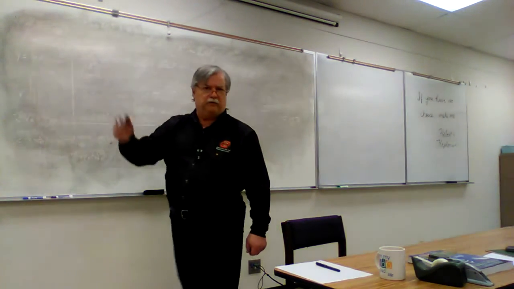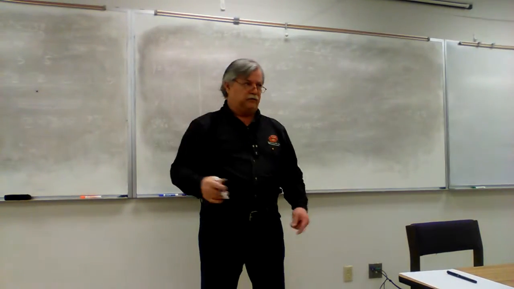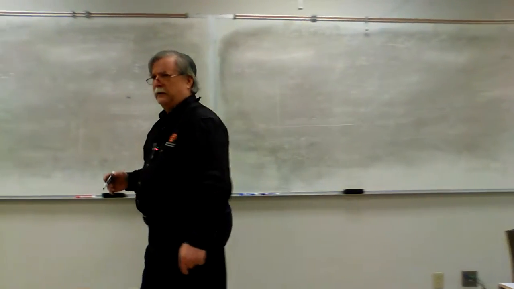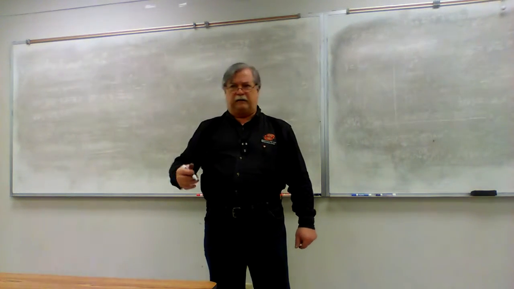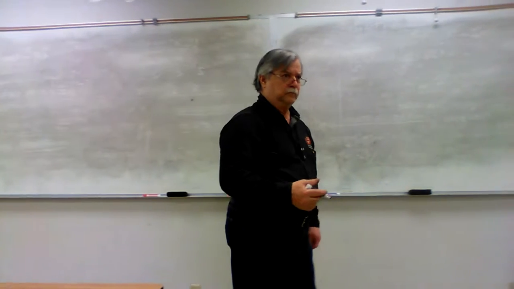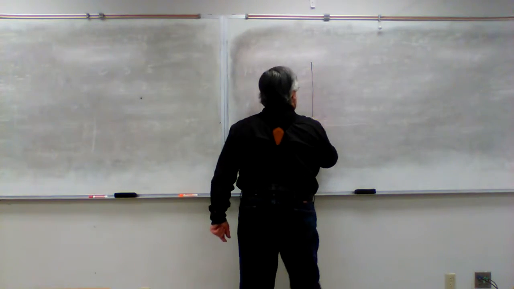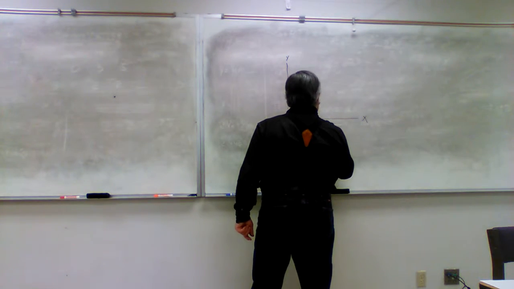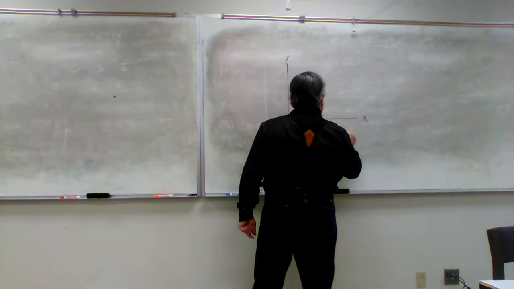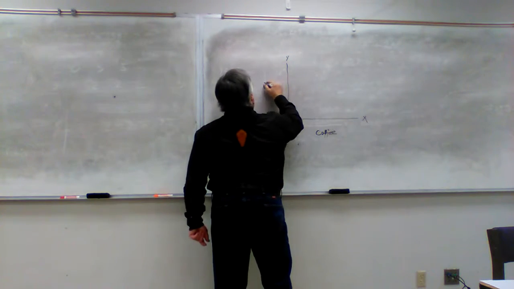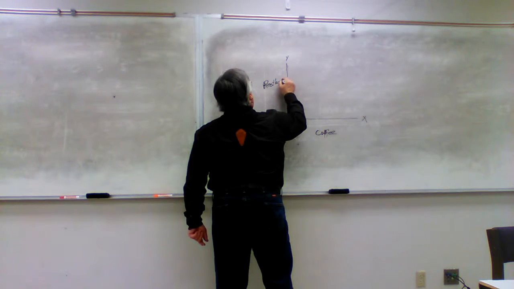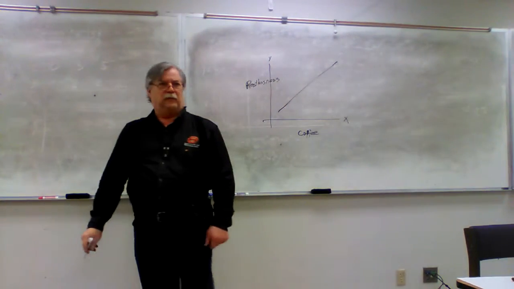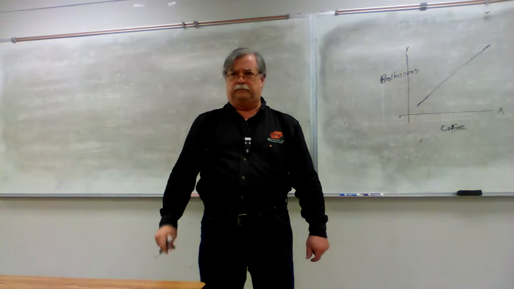So they take a bunch of people, they interview them, they come up with some measure of restlessness, and they establish that point for every person, and then they establish some amount of coffee that person drank. And they find out that as coffee consumption increased, so did restlessness. A nice linear relationship.